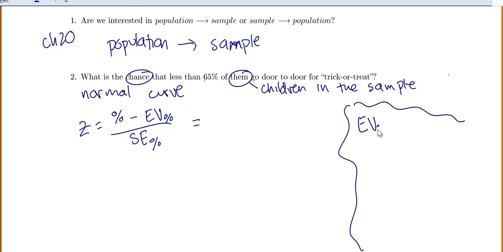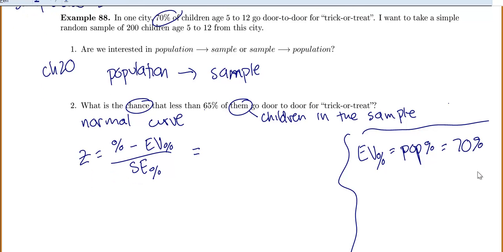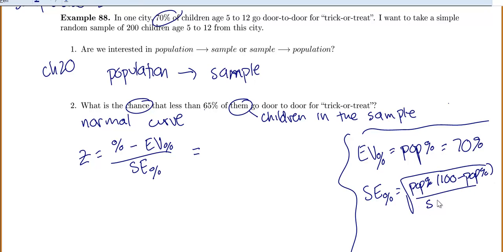The expected value for your percentage is equal to your population percentage. My population percentage was 70%. The standard error for your percentage is equal to the square root of your population percentage times 100 minus your population percentage, over the sample size.